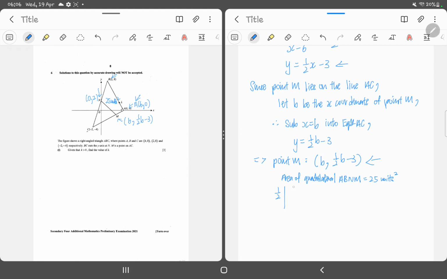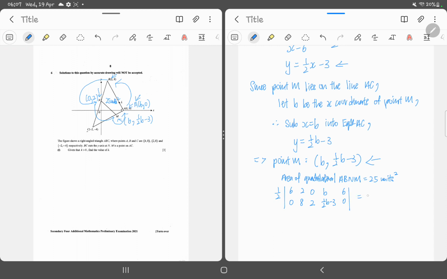So let's say we select point A as our point. Then this is the x coordinate of point A, the y coordinate of point A, and then we move anti-clockwise to the next point, point B, 8, and then anti-clockwise again to point N, 0, 2, and anti-clockwise to point M, which is B, 1 over 2 B minus 3, and finally anti-clockwise back to the starting point, 6, 0.